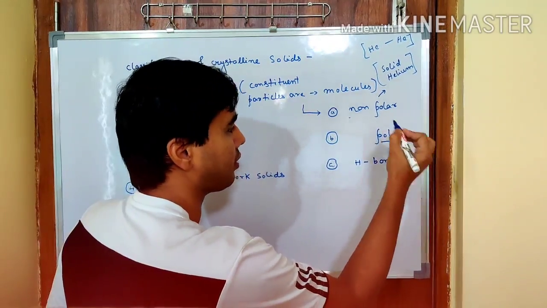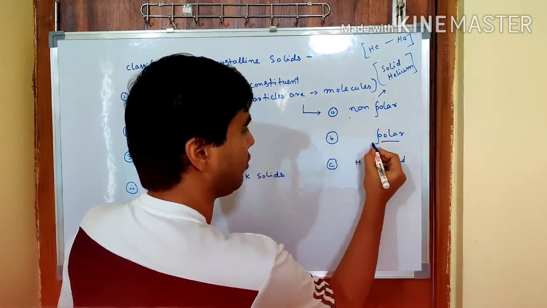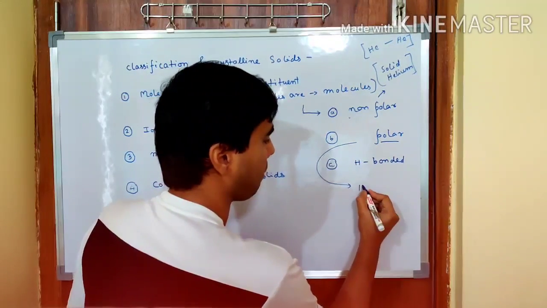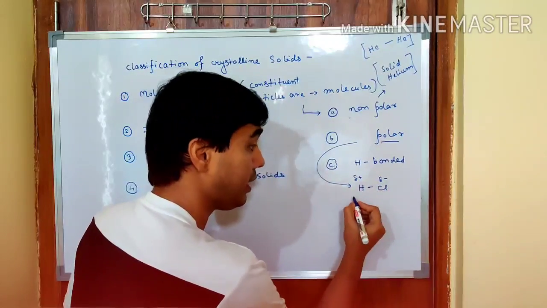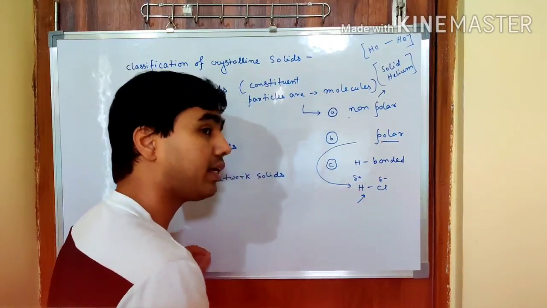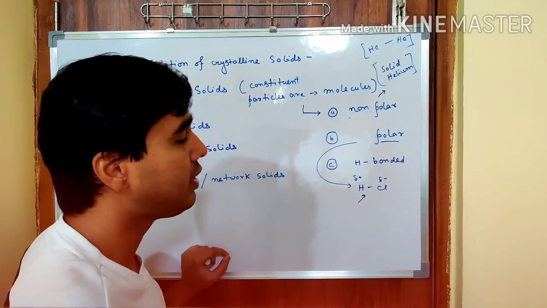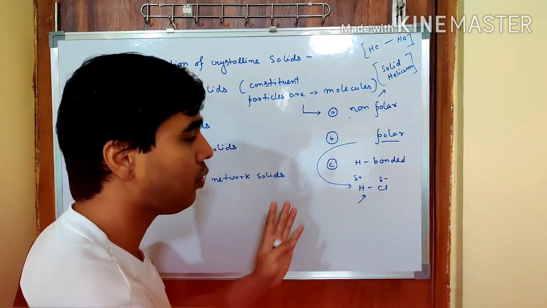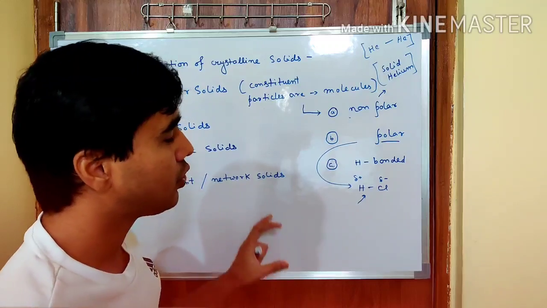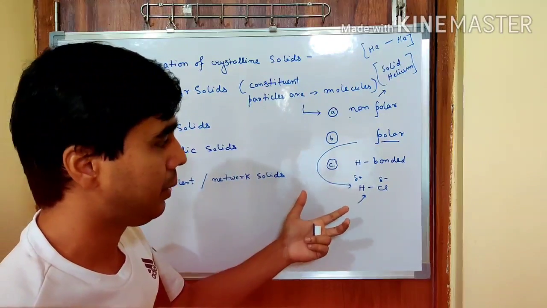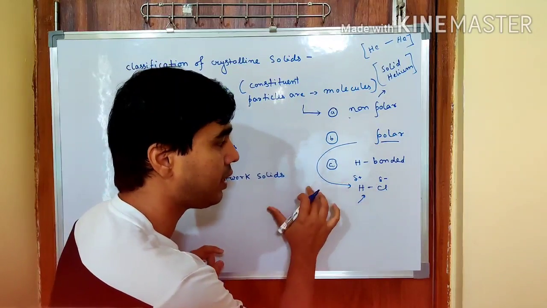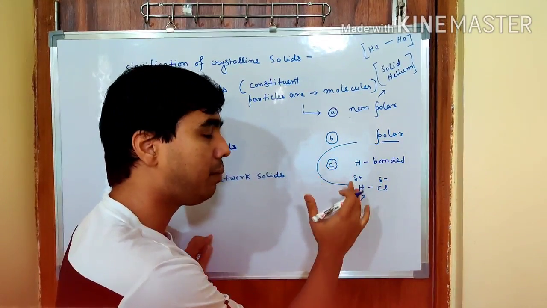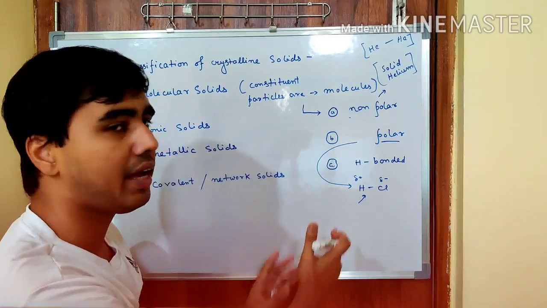In case of polar molecules, a very good example will be HCl. We know there is delta positive and delta negative. So in case of solid HCl, between hydrogen and chlorine, the polarity is already there. So if the bond is formed between the molecules, between two HCl for an example, the polarity will be the major reason for the attraction force.